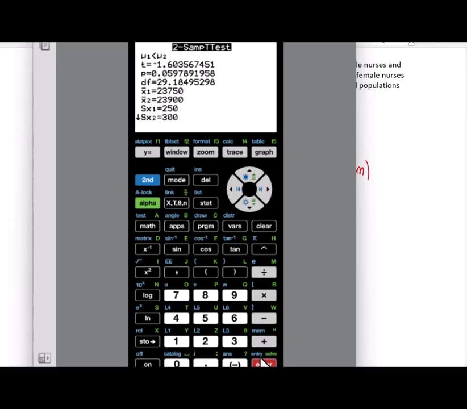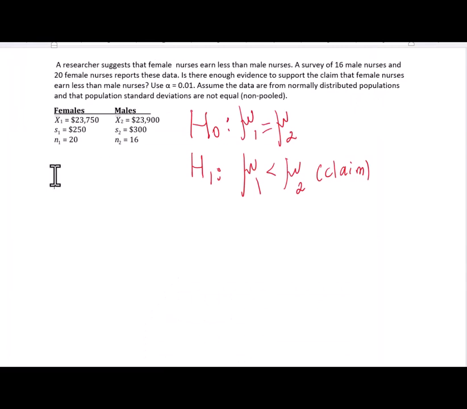Negative 1.604. I made a mistake reading it from the other one. And the p-value is 0.0598. What did I say earlier? Yeah, 0.0598. All right.